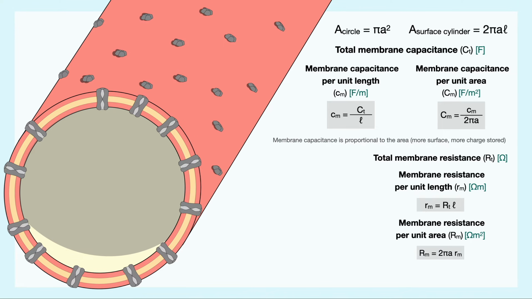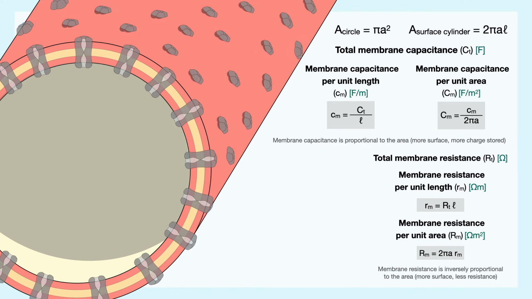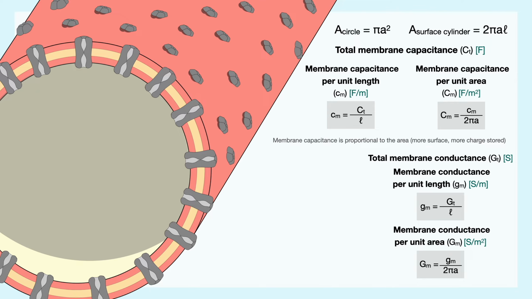This is because resistance is inversely proportional to the area, and thus increasing the area reduces the amount of resistance because with a larger membrane there are more channels that ions can take to flow out of the cell. To get the opposite relation, you can consider the conductance, which is proportional to the area. So as you increase the surface, you increase the conductance.